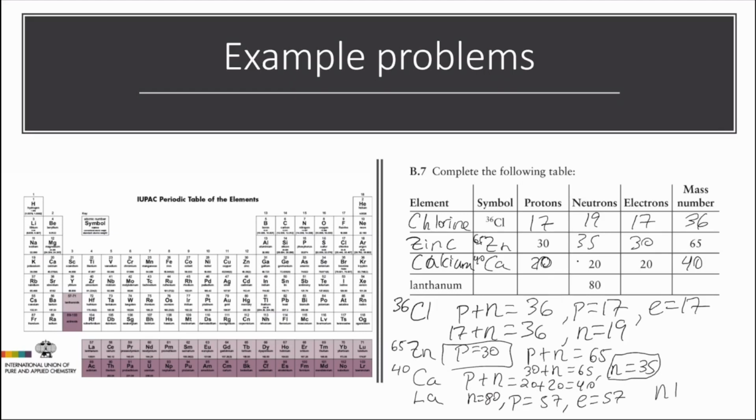And then the atomic weight, which is neutrons plus protons, is equal to 137. Okay, so filling this out, this is lanthanum 137, and number of protons is 57, electrons is the same 57, and mass number 137.